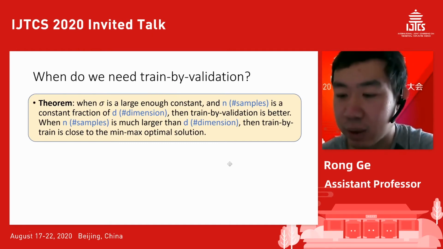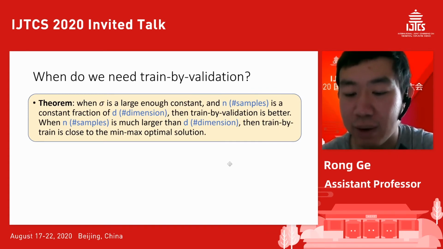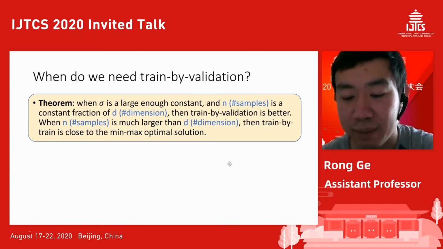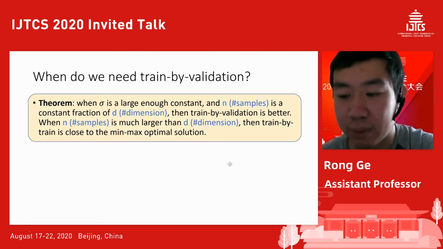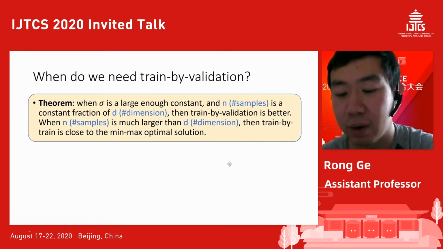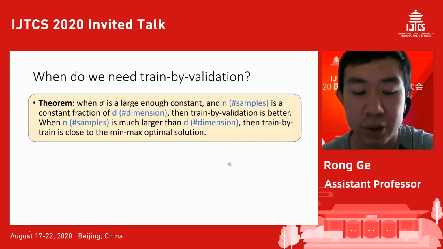This is not a typical setting of least squares, since your number of samples is smaller than your number of dimensions. Usually in least squares, you want your number of samples to be larger than your number of dimensions. In this case, let's think of n equal to d over 2. We can prove that train-by-validation achieves a much lower generalization error compared to train-by-train.